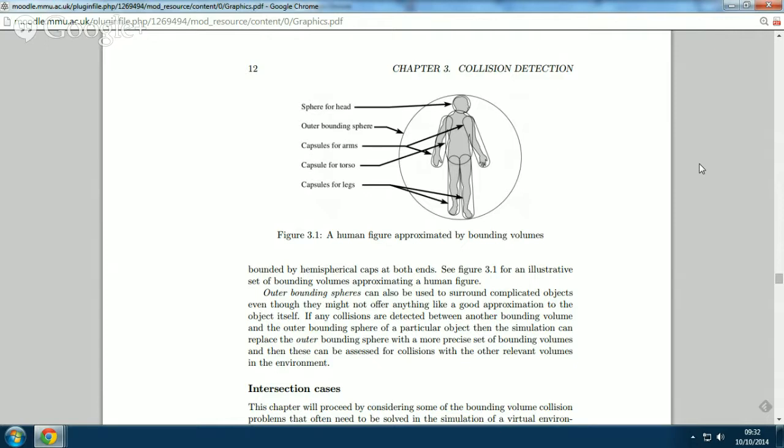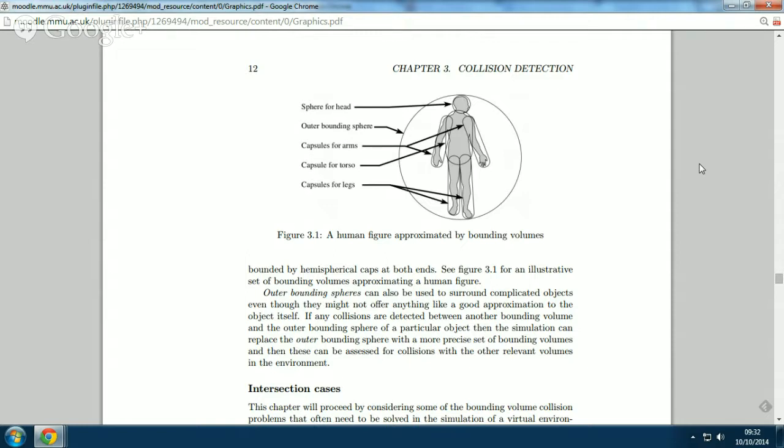So it'd be better to do a quick test first, just if the bullet is going to come anywhere near the figure. So first of all, test whether the bullet is going to intersect this bounding sphere at all. If it doesn't, then you know the bullet's not going to hit the figure. If the bullet does intersect the bounding sphere, well then, there's a chance the bullet might hit the figure.